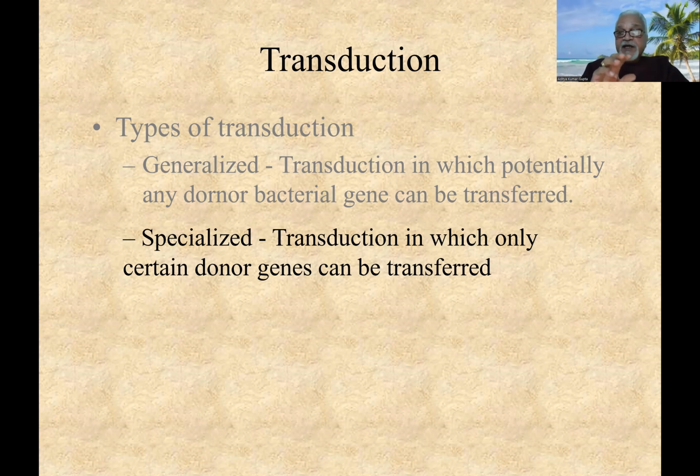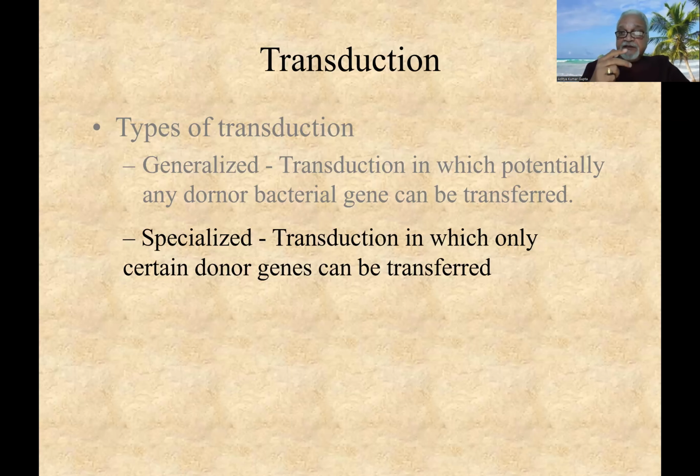The phage can take any part of the host chromosomal DNA and transfer it to the recipient cell. Therefore, it is generalized transduction. In specialized transduction, the phage takes a very specific set of genes from the host cell and delivers it to the recipient cell.